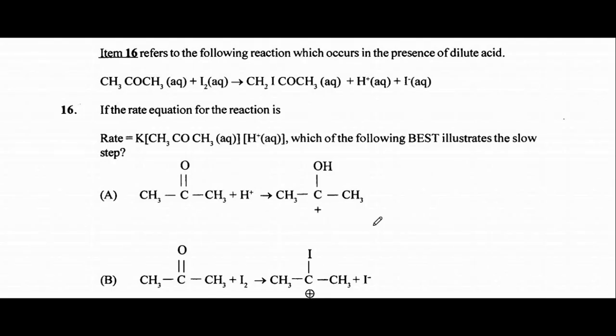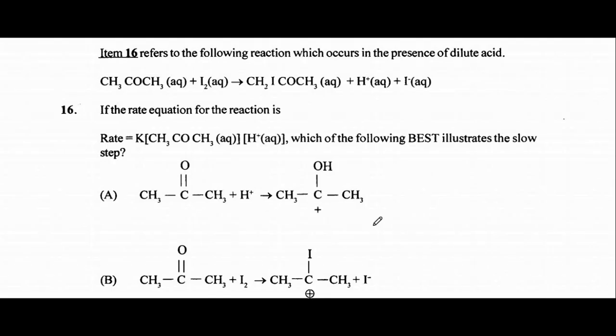I don't know, but it says it's an acid, so that can't be acetone. Is acetone an acid? I don't think so. Anyways, let's continue. Times the concentration of the H plus ions, and yes, multiplied by that. Which of the following best illustrates the slow step?